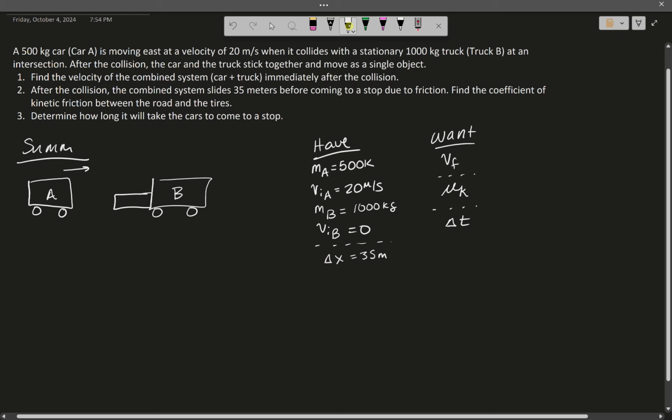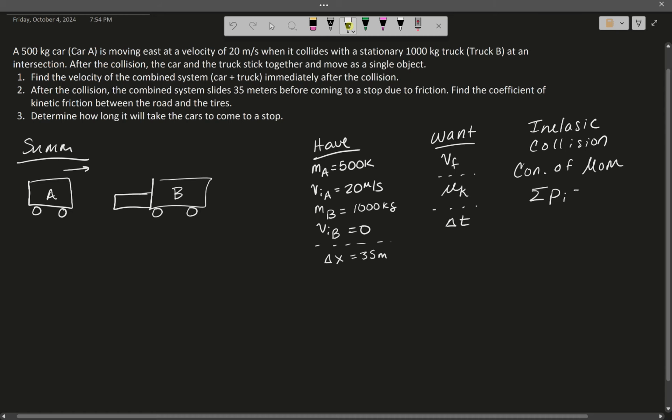So in this problem, we have an inelastic collision, because they stick together. We are going to need to use conservation of momentum, where momentum is mass times velocity.